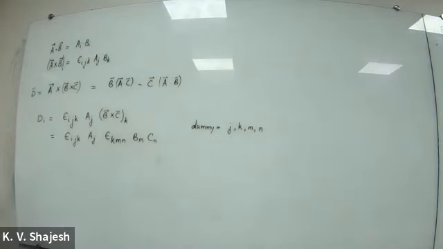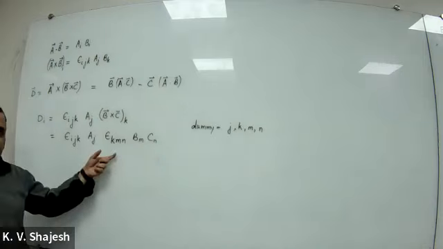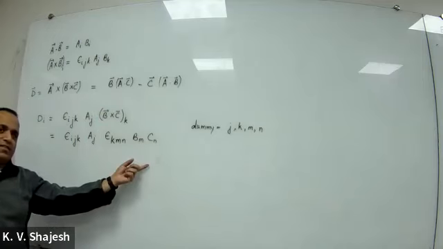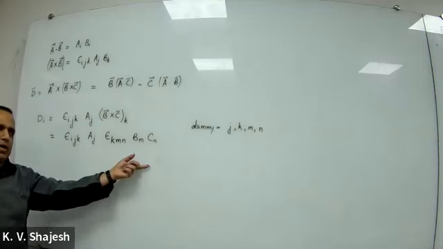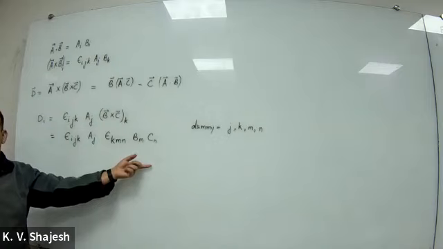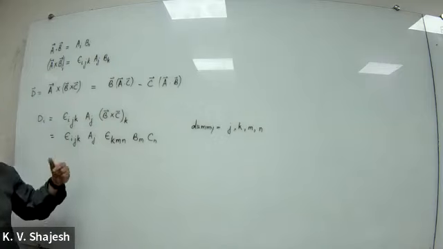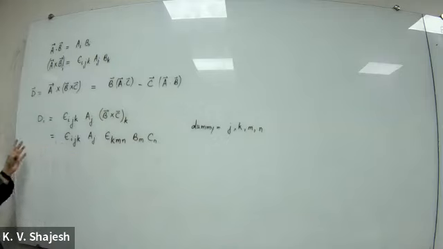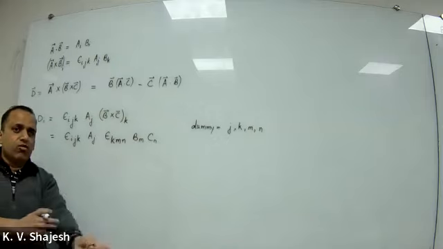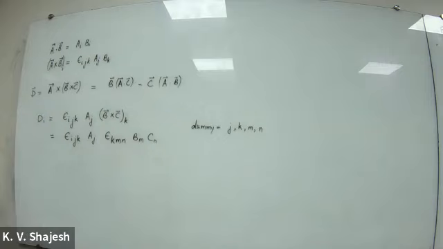I is the only free index, which means this is a vector. Even though there are 9 indices here, 8 of them are dummy, so 9 minus 8, there is only 1 free index. Even though it's built out of so many quantities, it's basically a vector.